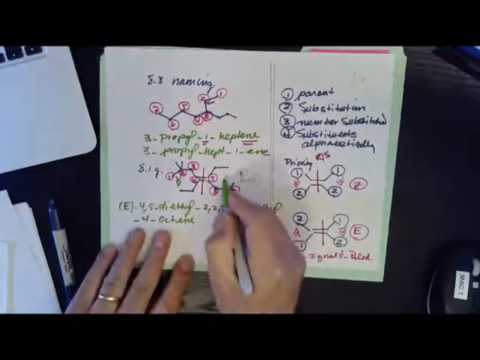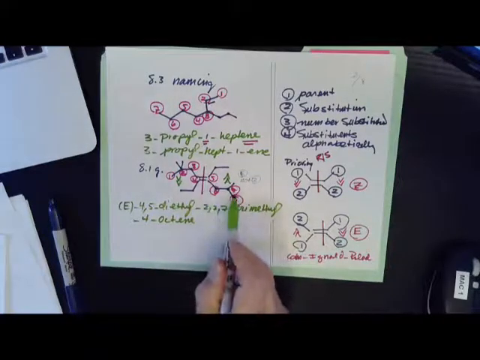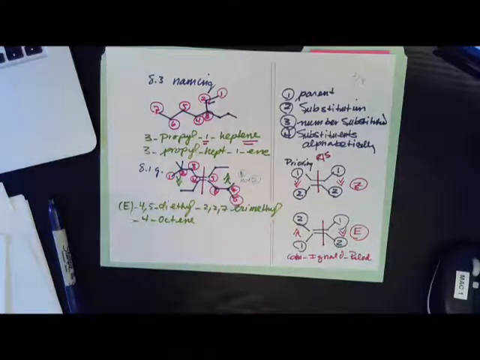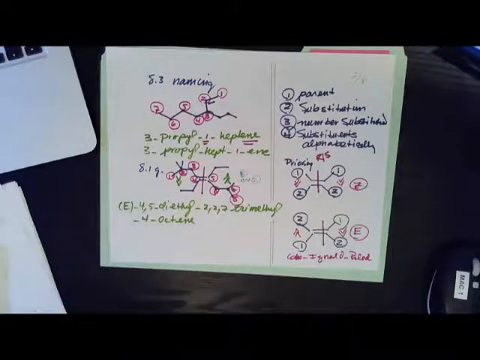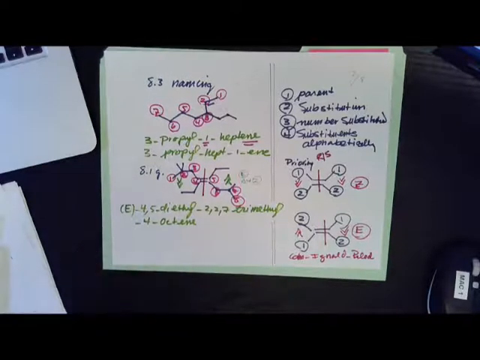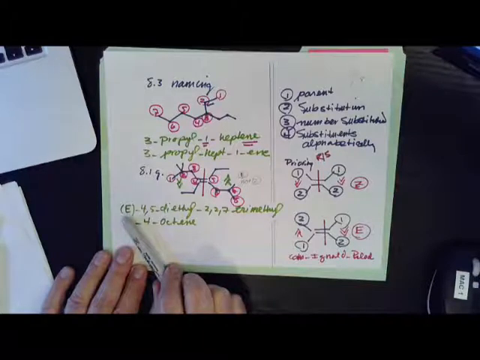And the other one is opposite: the priority is higher for the bond here than this one. Because the priorities are different, this would be an E isomer. We only have one double bond, so we put that E here, indicating that the double bond has an E configuration.